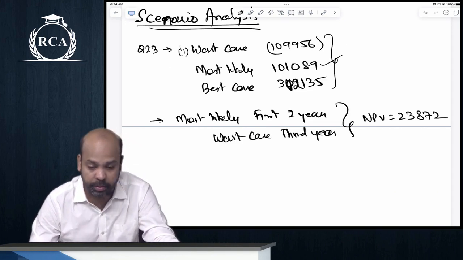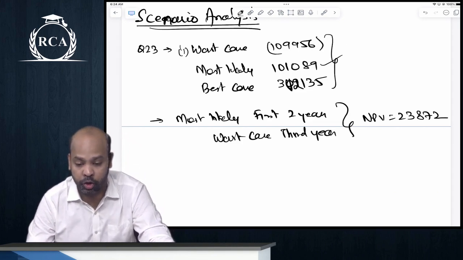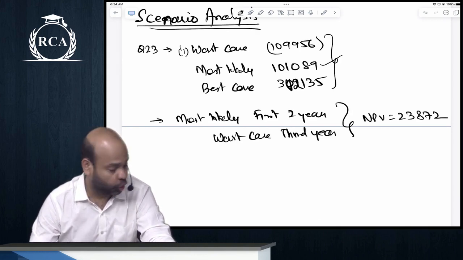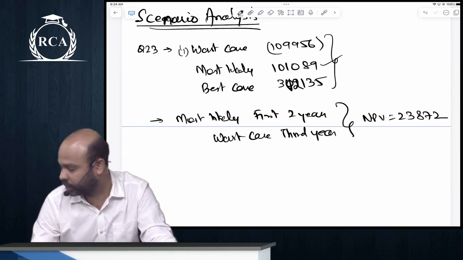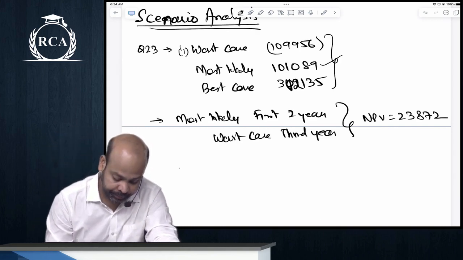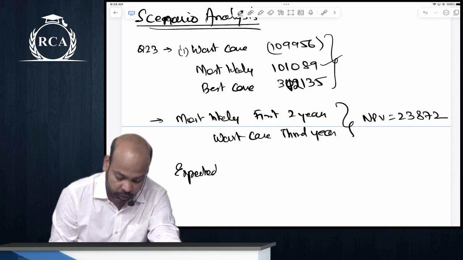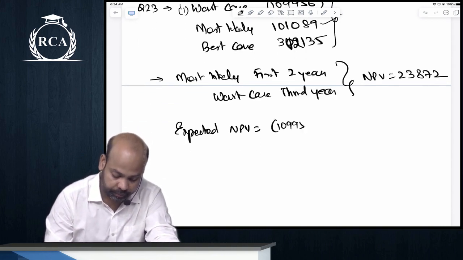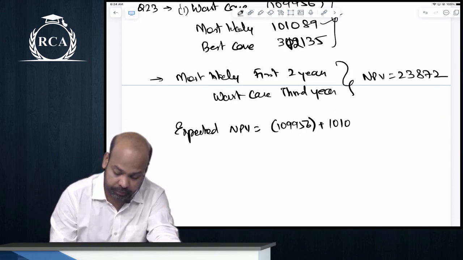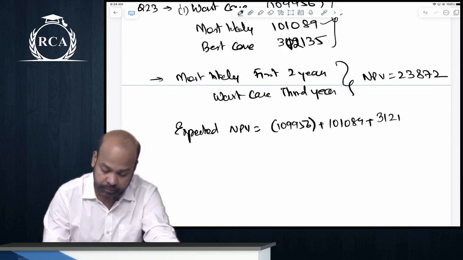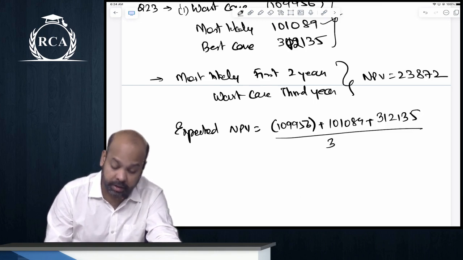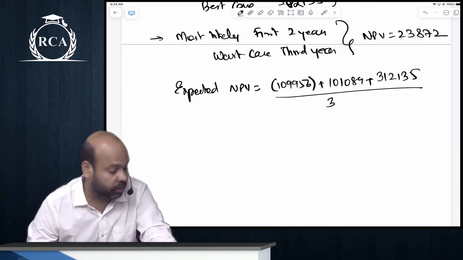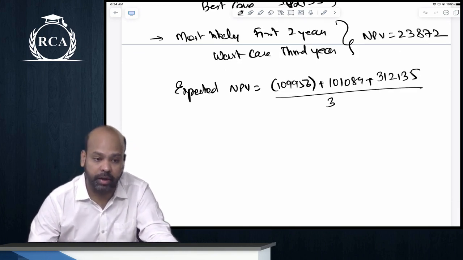Assuming equal probabilities, expected NPV will be: negative 1,09,956 plus 1,01,089 plus 3,12,135, all divided by 3.